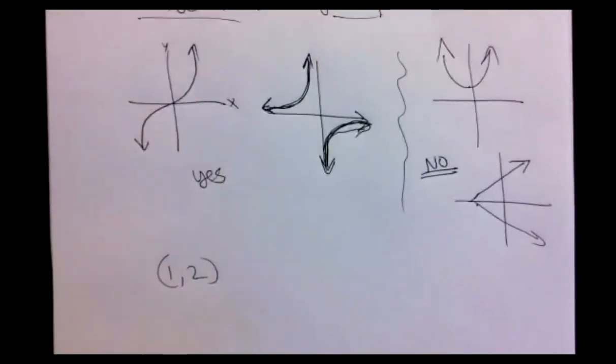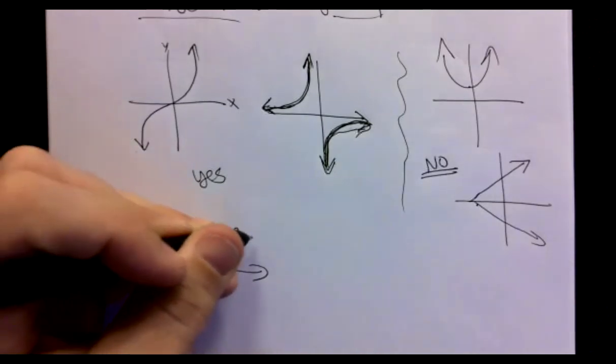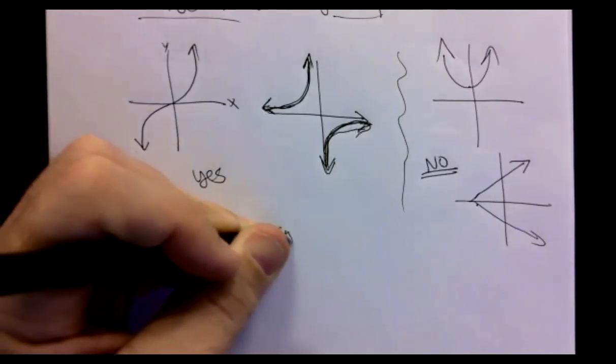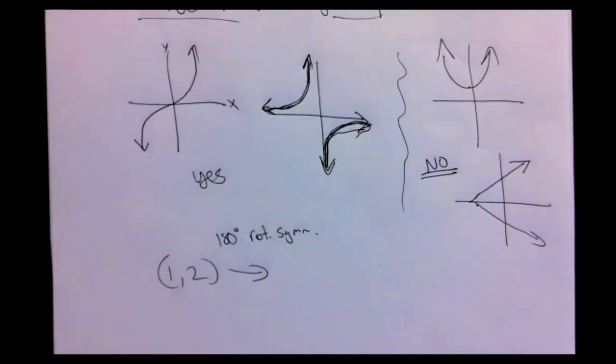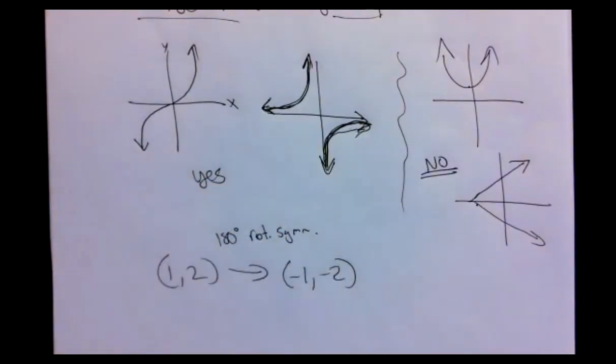And again, if they give us a specific coordinate, with 180-degree rotational symmetry, we'll flip the signs of both.